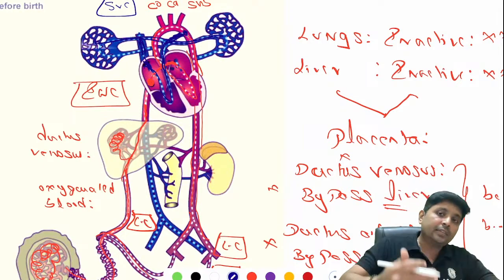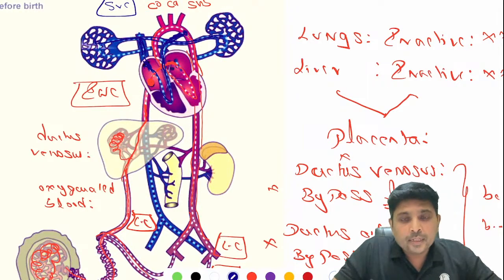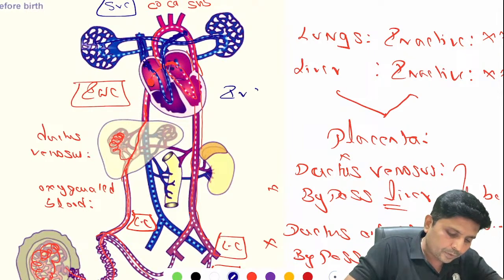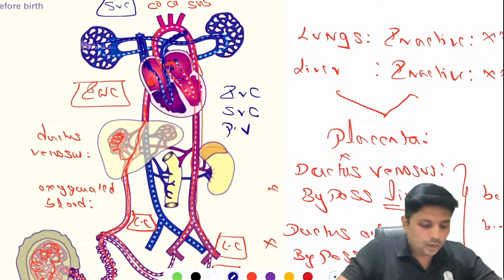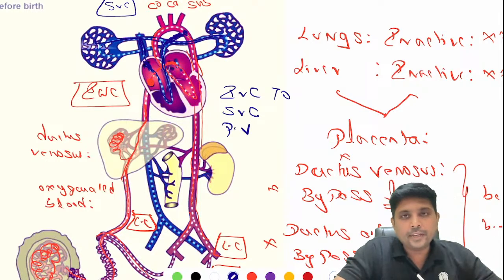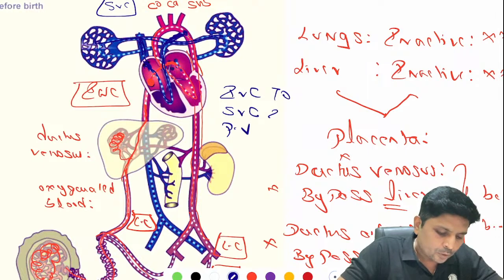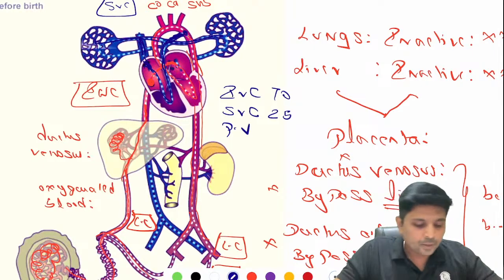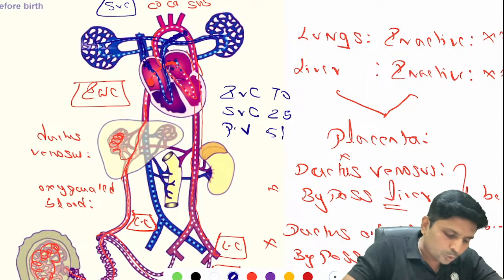So what are the three inputs to the heart? One is IVC, second is SVC, third is pulmonary vein. Almost 70% is IVC, oxygenated blood, 20% is SVC, deoxygenated blood, and the remaining 5% comes through the pulmonary vein.